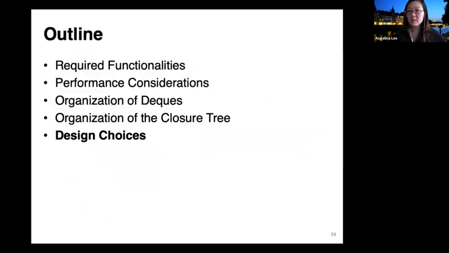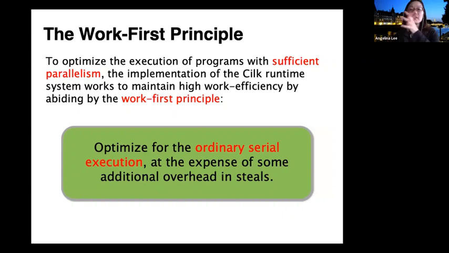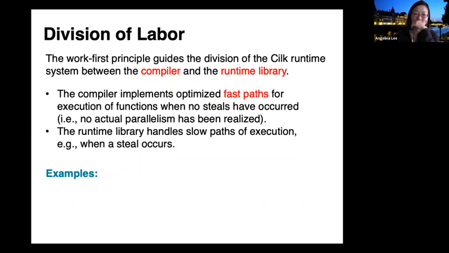Okay. So in the last part of this lecture, I'm going to briefly go over some of the design choices, okay? Earlier, as we mentioned, the organization of the runtime abides by the work-first principle, which states that we should optimize for ordinary serial execution at the expense of some additional overhead in steals.